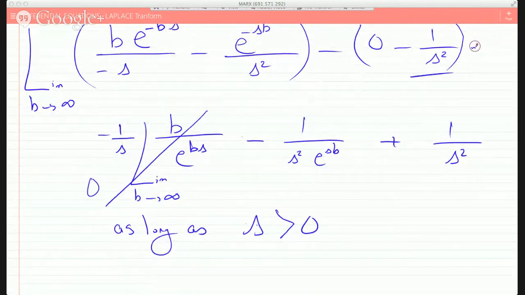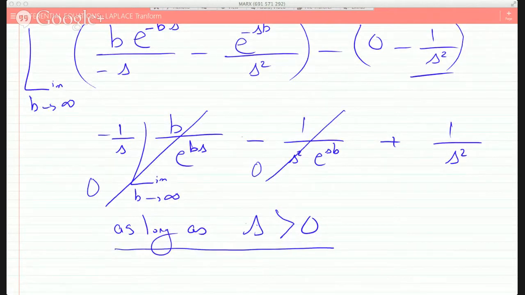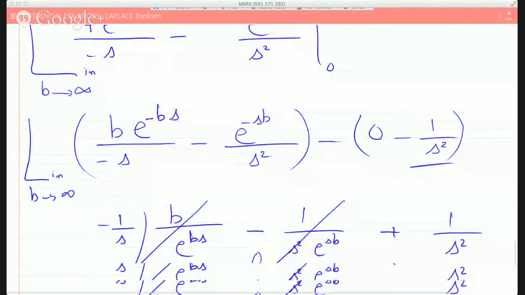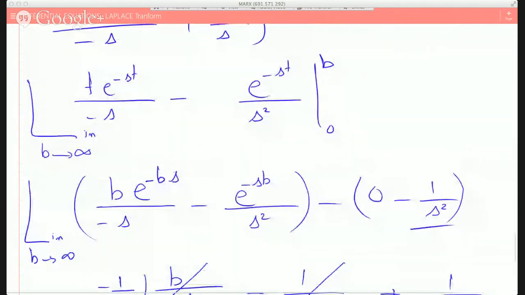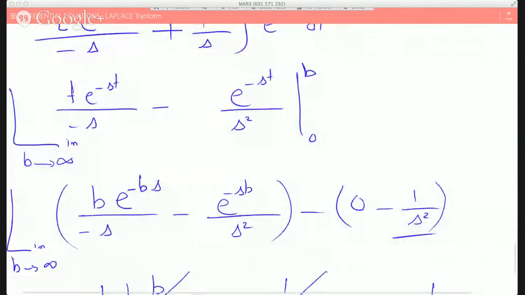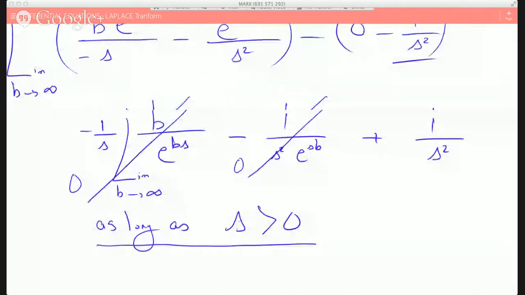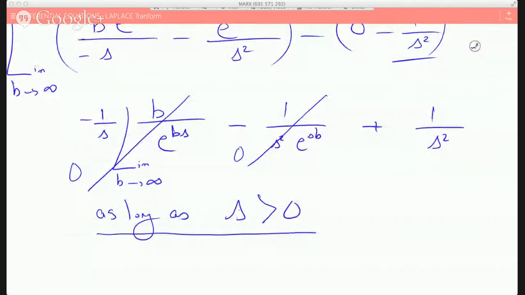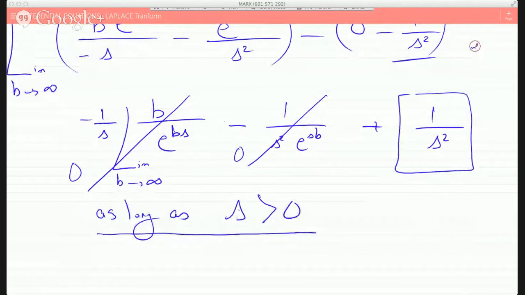That's why, when we started the theorem, we said that as long as s is greater than alpha in the original Laplace, in this case our alpha is 0. So s greater than 0. Then the first two limits vanish, and the answer is just 1 over s squared.